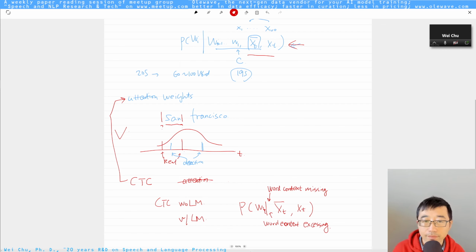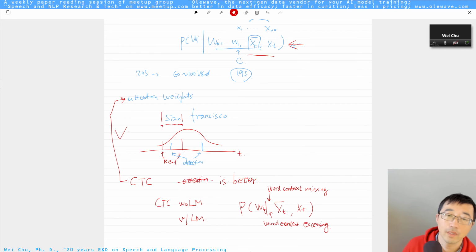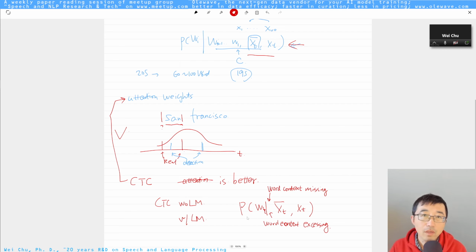CTC is better than attention weights. But does CTC fully resolve the issue? No. Like I said, there's the word context issue, and also there's too much, what do you call that, too much audio context, right? This is called audio context. The frames are audio context.